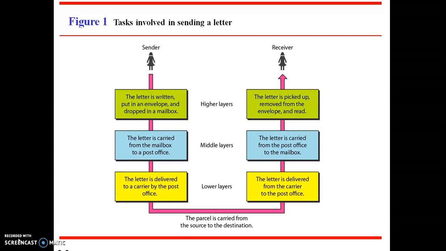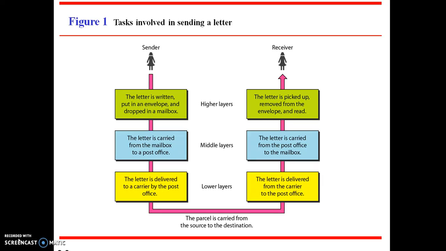On the sender side we have three layers, and in the same way on the receiver side we also have three layers. In the sender side, a step by step process is involved to transfer the post from one end to another end. If I want to send a message to my friend, I have to write a letter first. Once the letter is completed, I need to put the letter into the post box.